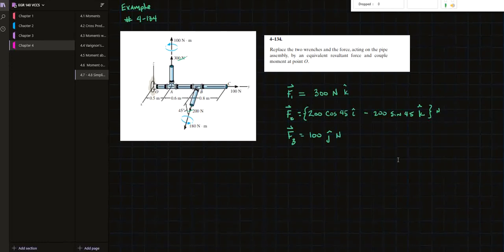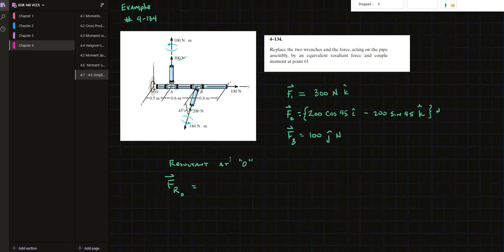Okay. Now I need the resultant so I can replace these and put them at O, the resultant at O. The resultant can be anywhere, but the resultant that we're going to essentially move to O is, I just sum all this stuff up.